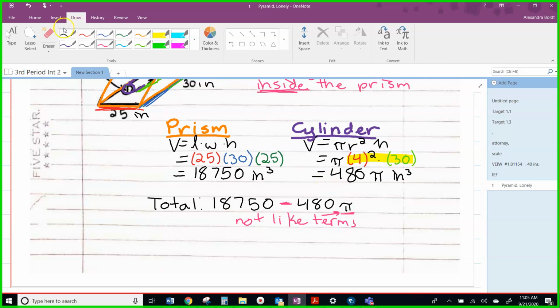So that means, when I say what this is equal to, I just write it exactly how it looks, and add in a unit. So we get 18,750 minus 480 pi inches cubed.